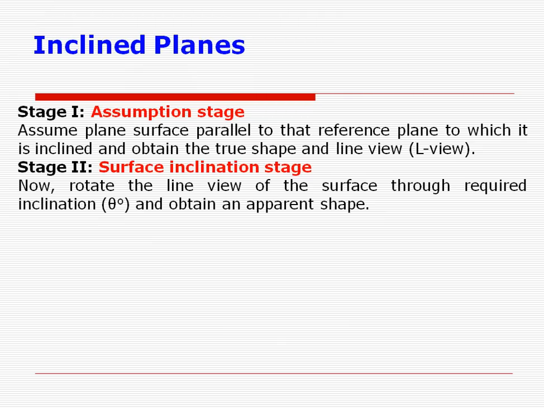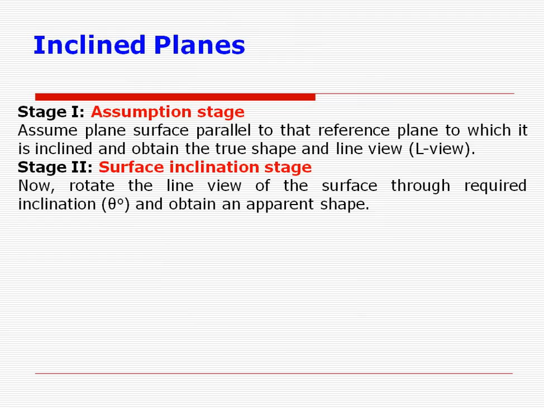Similar way, if it is told that the plane is inclined to VP, in that case we will take the initial position as parallel to VP. So in that case the front view will be true shape, but in the first case which we discussed, the first case is when the plane is inclined to HP.